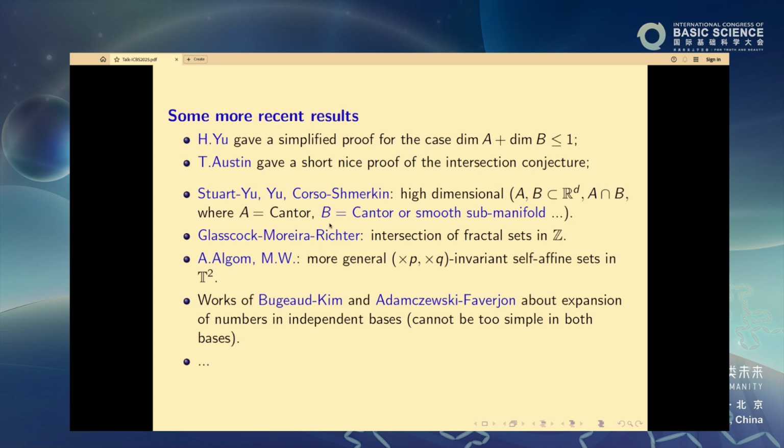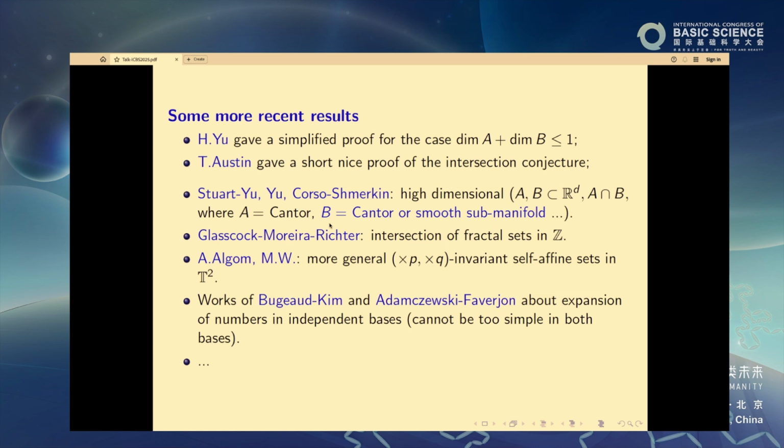In this direction, there is some recent work, for example by Adamczewski and Bell, proving that an irrational number cannot be extremely simple, in the sense that it cannot be automatic in base P and in base Q simultaneously.